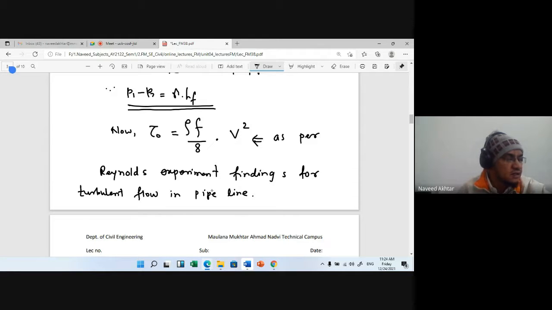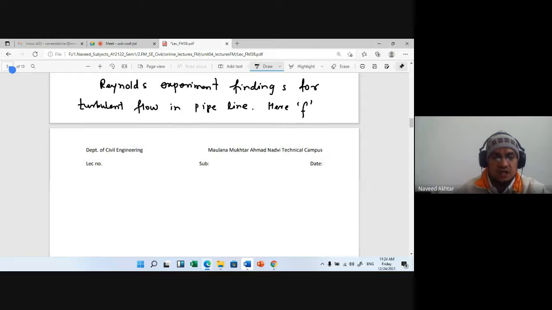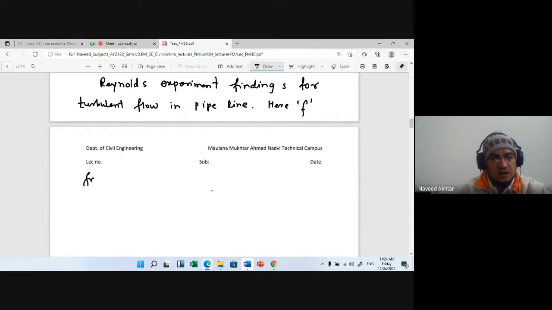Hence, here this F is the friction factor.